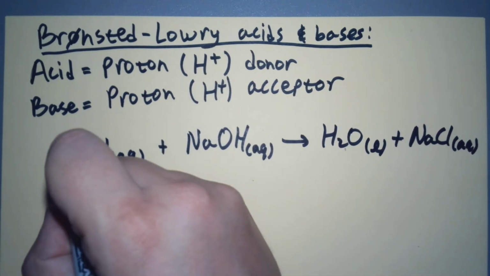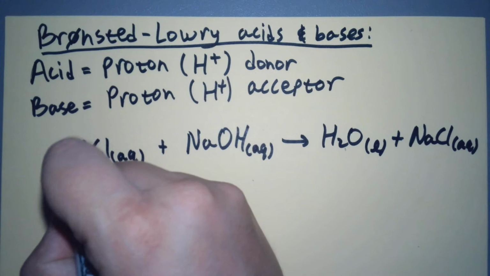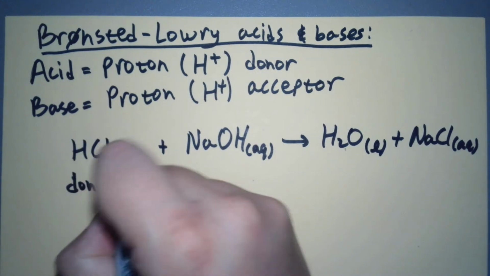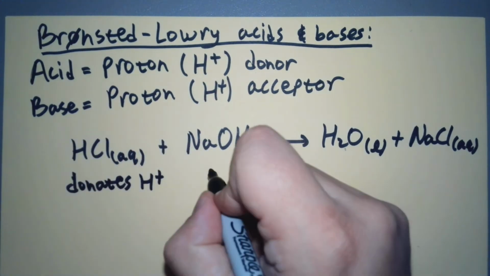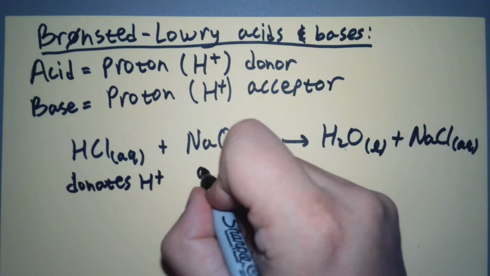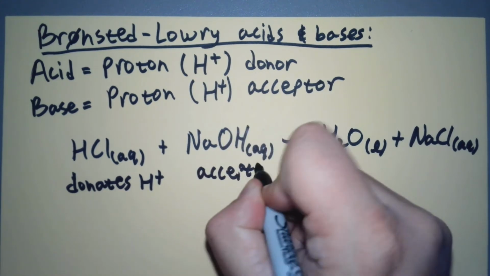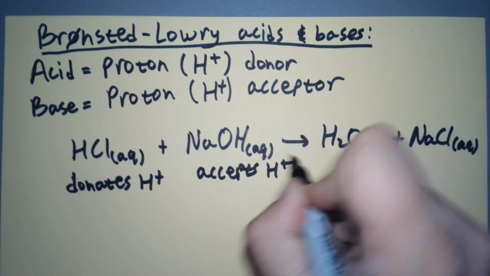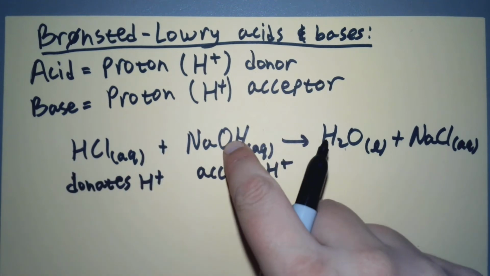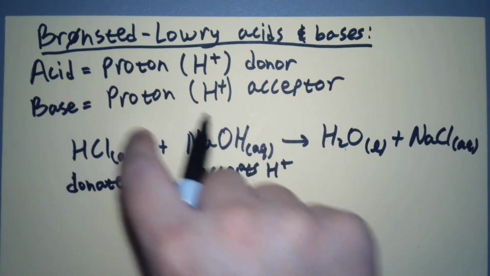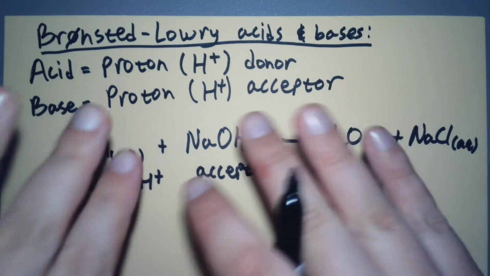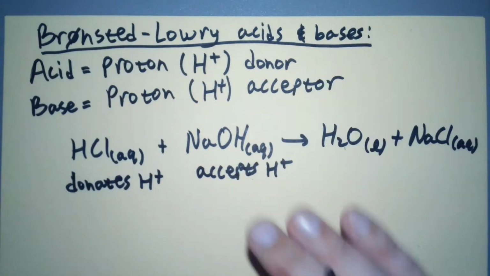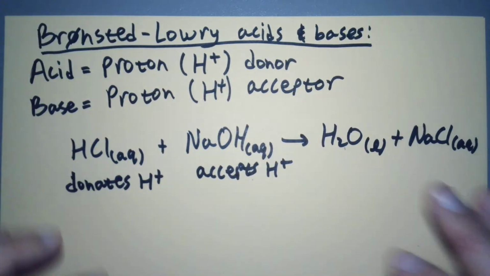So this is our compound that's going to donate our H+, and this accepts the H+, because it's going to go onto that hydroxide. So this is our base, this is our acid. So everything we've talked about before lands in this definition. What it does is it unlocks some new stuff.